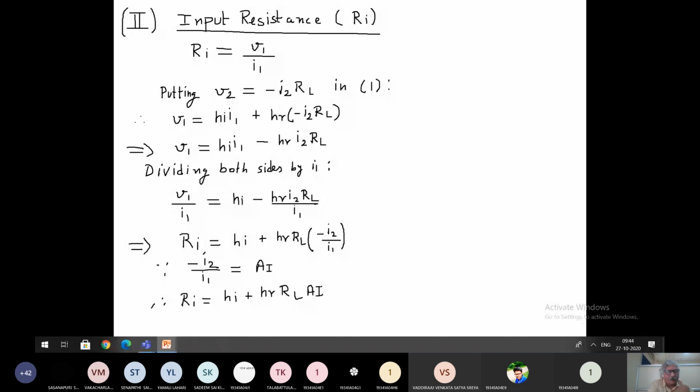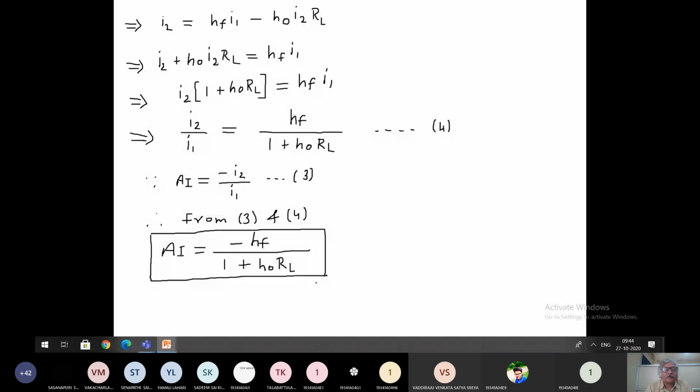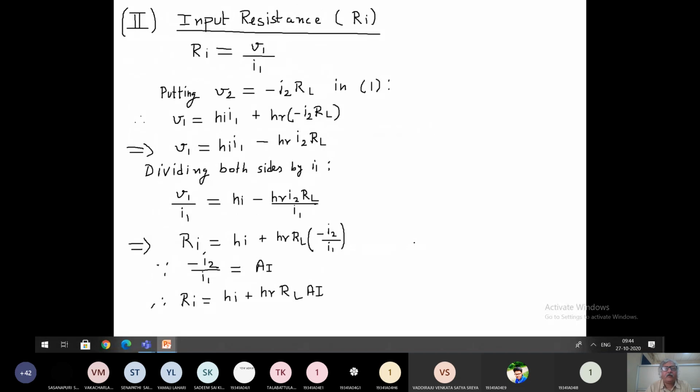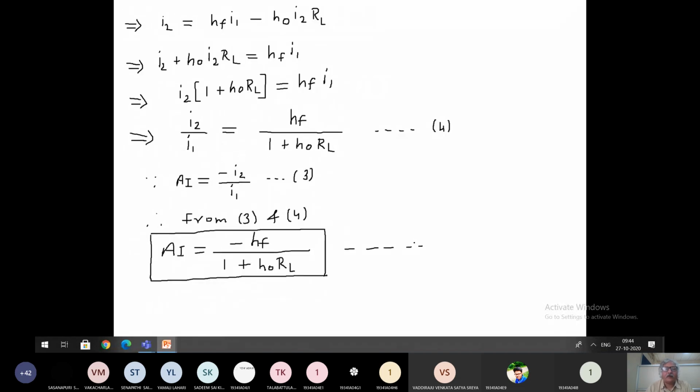You can write that. Now in this equation, I will put the value of AI, right? Expression of this AI is this, minus HF. Okay, I will give some number to this equation, right? 5.